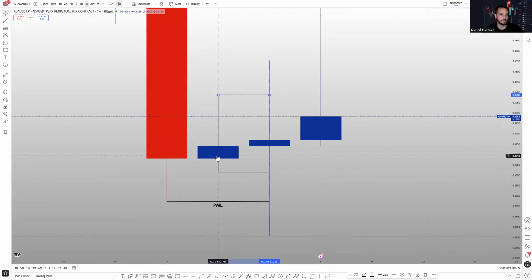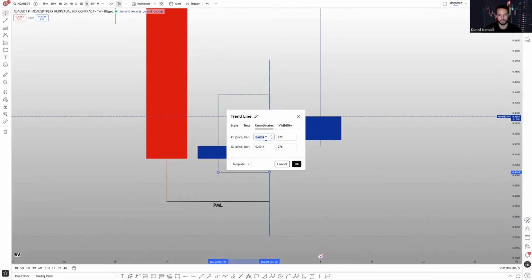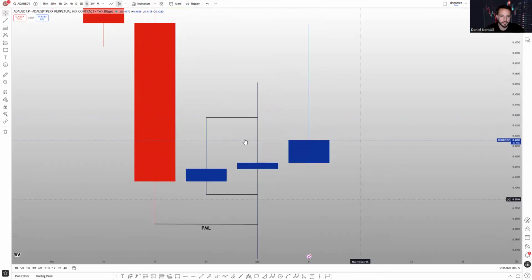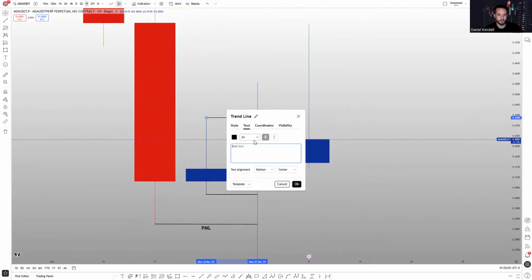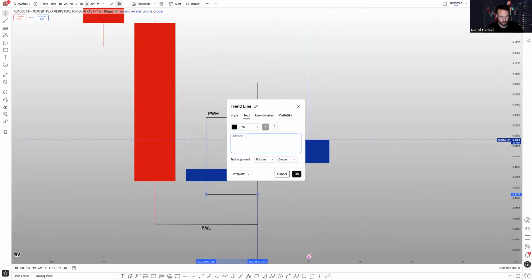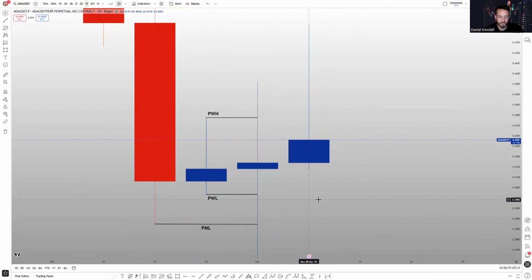And then this one is the low, 0.4017. Okay, and so that's your previous week's high. I'll leave that PWH and go top left, and I'm going to label this previous week's low, bottom left. I like mine to the left.